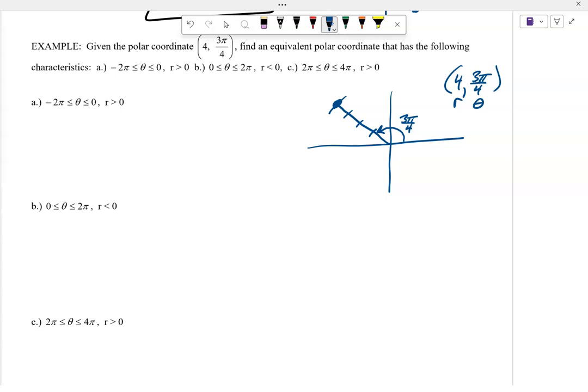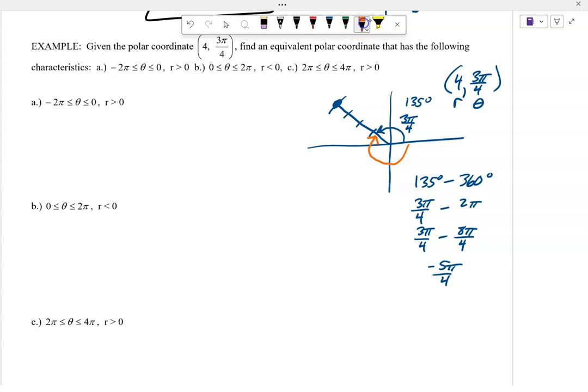Now they want a negative angle instead. So what would this be instead? Well, if you think about this being 135 degrees, then it'd be like 135 degrees minus 360 degrees, right? Well, let's just go ahead and keep it in radians. So 3 pi fourths minus 2 pi, or 3 pi fourths minus 8 pi fourths is negative 5 pi fourths.